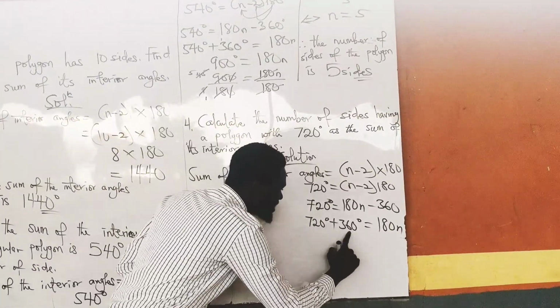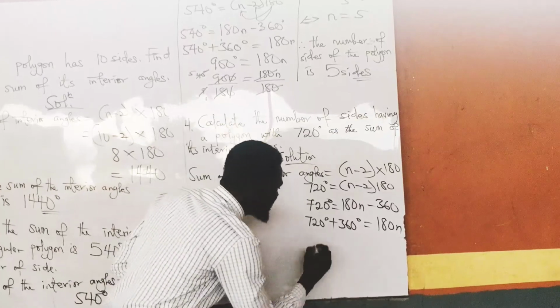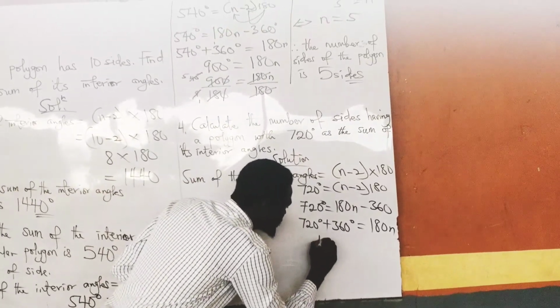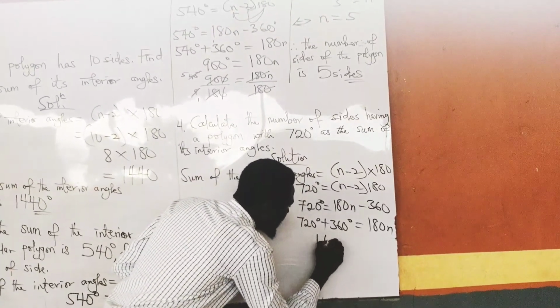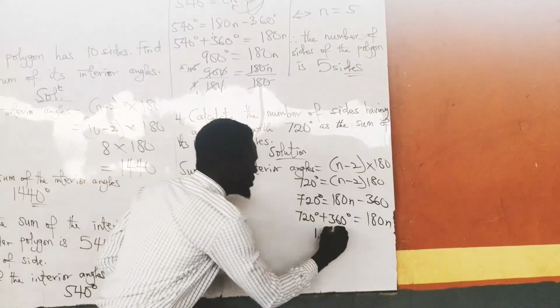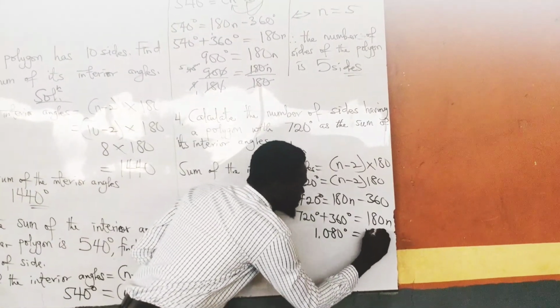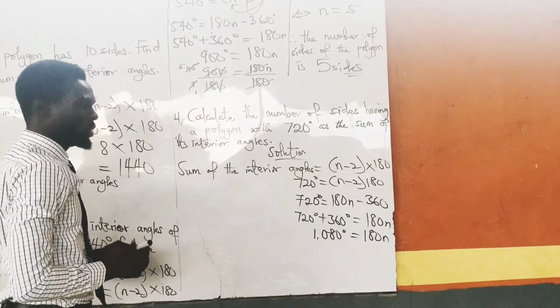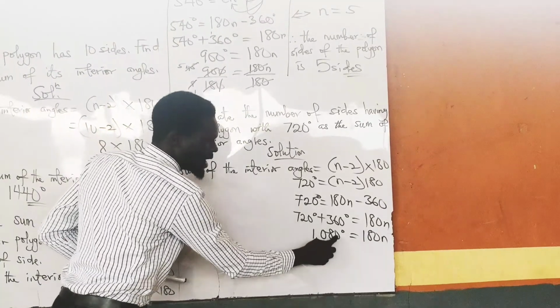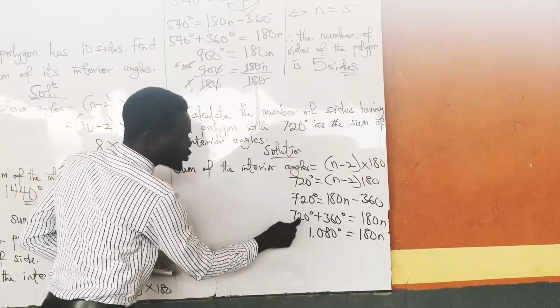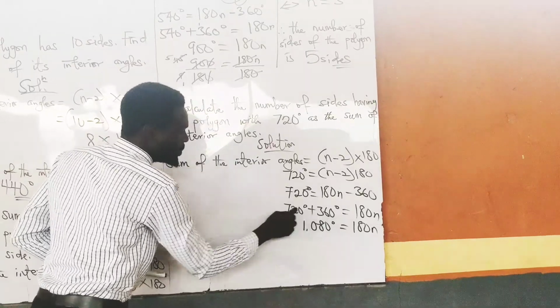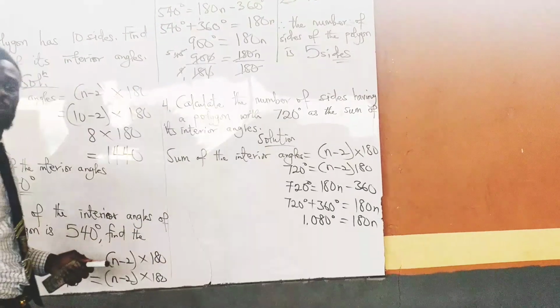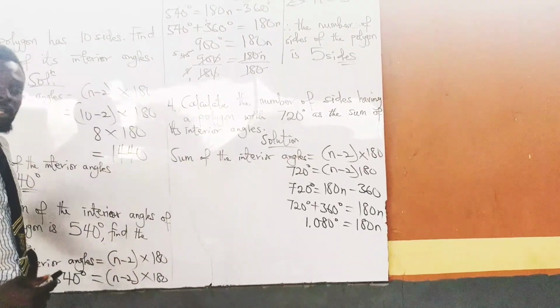When you put this and this together, you are going to get 1080 degrees as 180n. This plus this is 0. 6 plus 2 is 8. 3 plus 7 is 10. So giving you 1080 degrees.